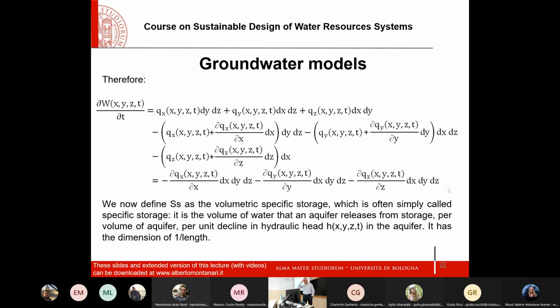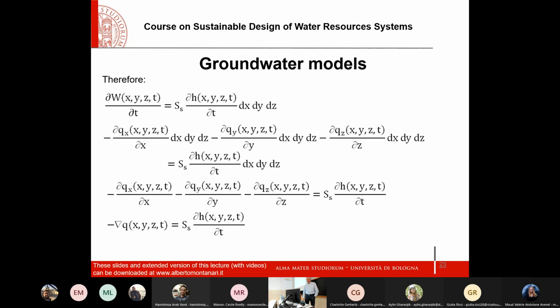Let's look at the bottom line. The change in volume is given by the 3 flows along the 3 directions, so minus change in Qx, minus change in Qy, minus change in Qz. And then I introduce here the change given by the volumetric specific storage.